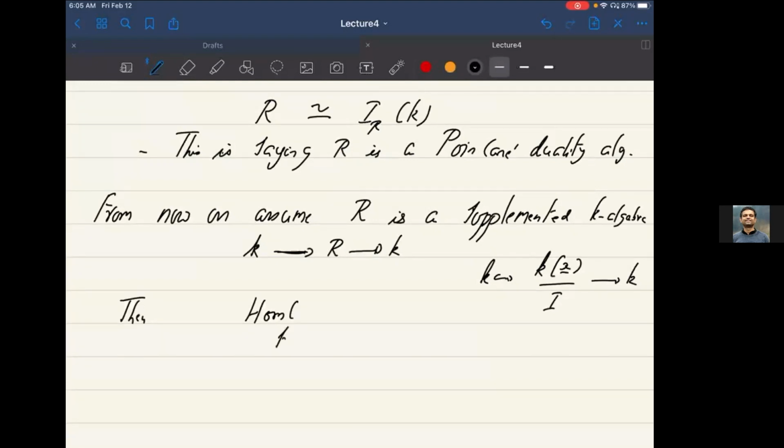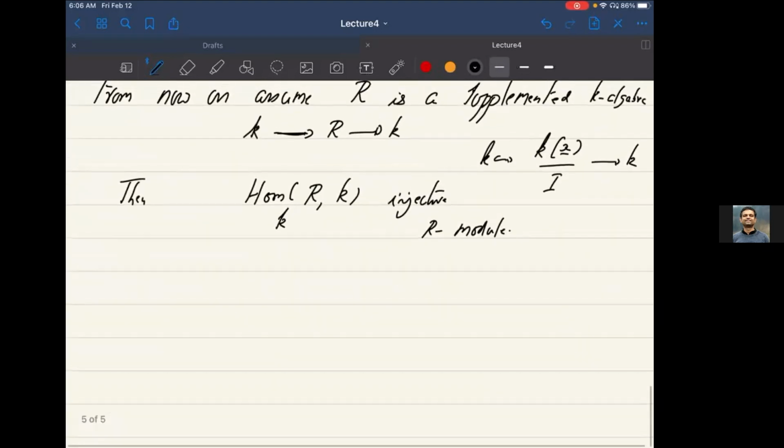You can look at just this one. This is an injective R-module, as you can see by adjunction.